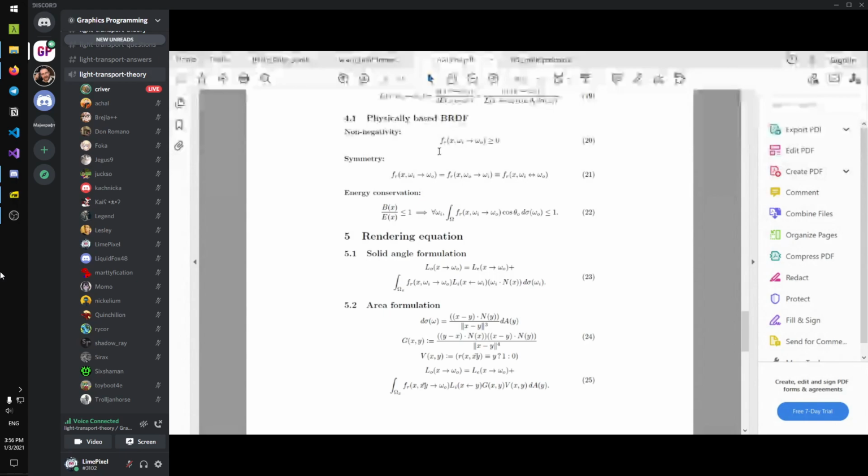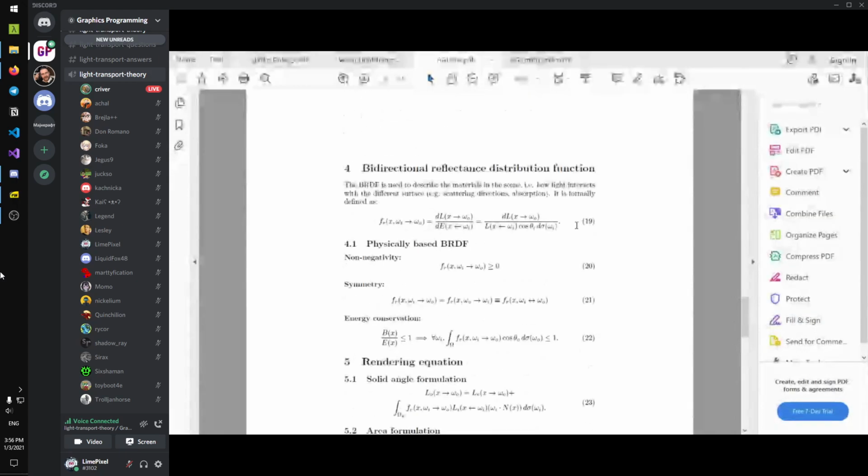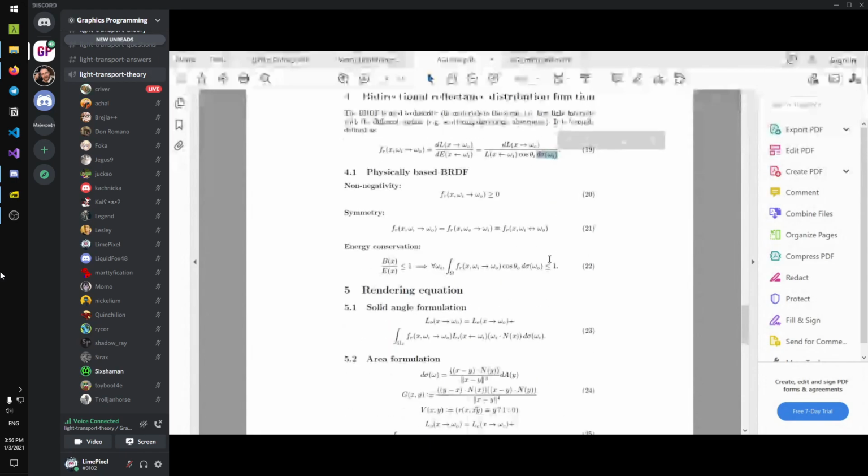So you don't have to think of it as the solid angle. The solid angle is right here, this is the differential solid angle. Can you see it? Yeah, this d omega I. Omega I by itself is just a unit direction.